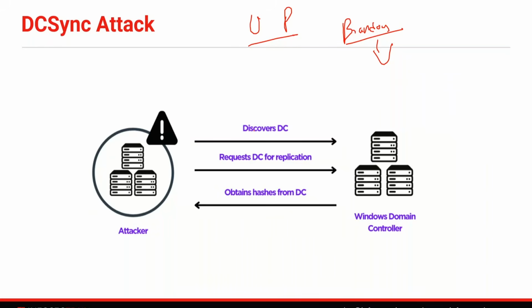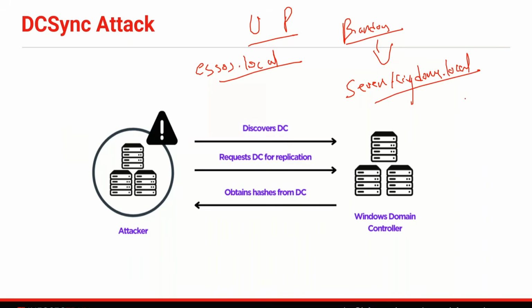Now DCSync is a post exploitation technique where an attacker mimics a domain controller and requests replication of password hashes from another domain controller. So there is a source.local, which will have a domain controller, and sevenkingdoms.local, and these are different domains and they have domain controllers.